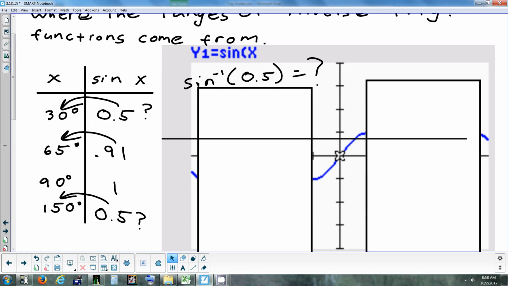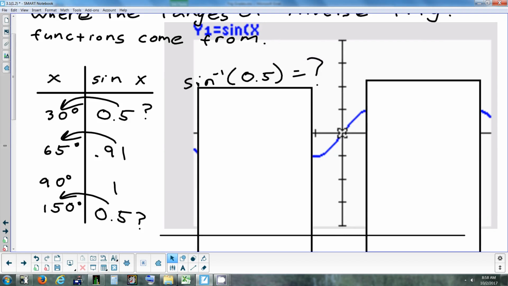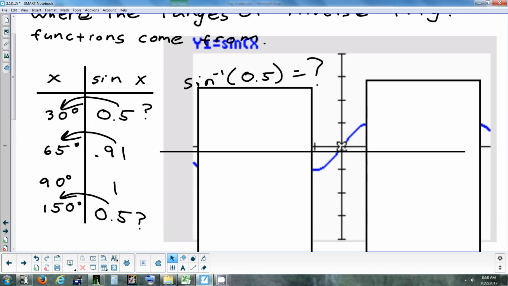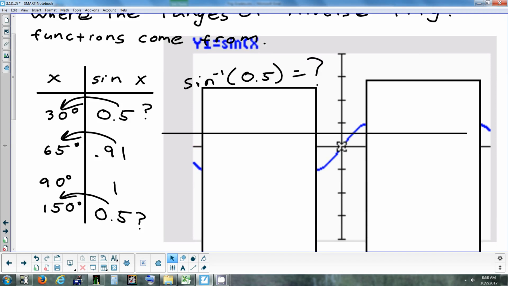So that means if we all agree to stay between negative 90 and 90, that line will only cross the curve 1 time, which means you will only get 1 answer. That's the reason why we stay between negative 90 and positive 90. If we didn't, we could get all kinds of answers and nobody would agree on which one is the right one. So that's the one we would go with.